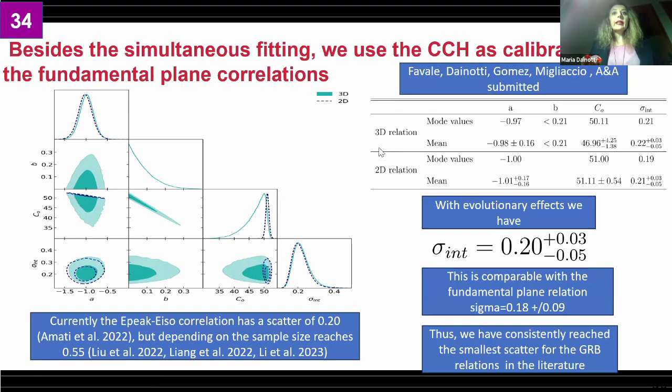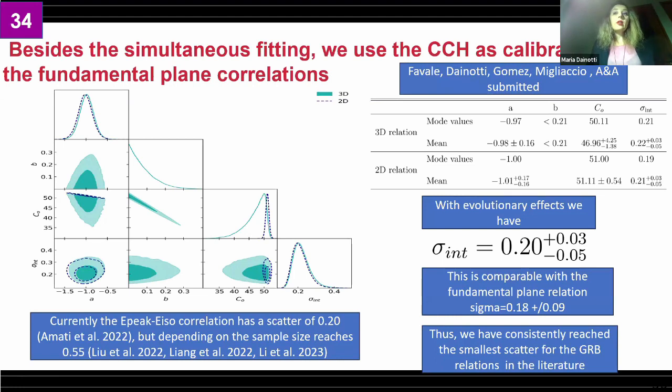Currently, why are we using this relation? If you consider, for example, one of the prompt emission relations, the Epeak-Eiso relation, but also the Yonetoku relation, you see that usually the scatter ranges between 0.20 and 0.54, depending on the sample size, and up to 0.55.